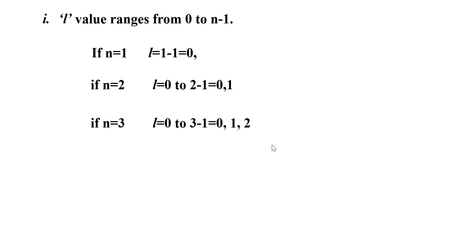If n equal to 3, what should the L value be? It starts from 0, then 1, 2. You should not take 3, only up to less than 3. The total number of values is 3, but the numerical value is up to less than 3. So 0, 1, 2 only, like that. Understood?